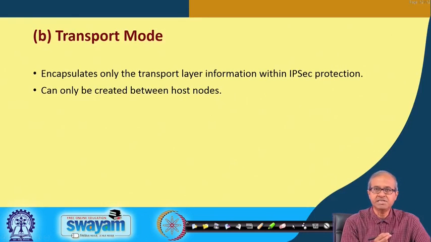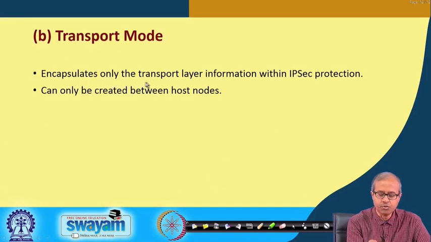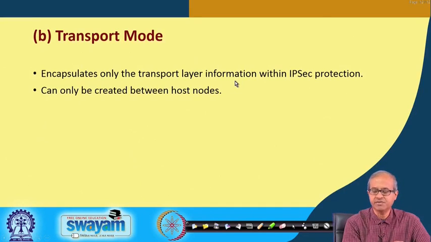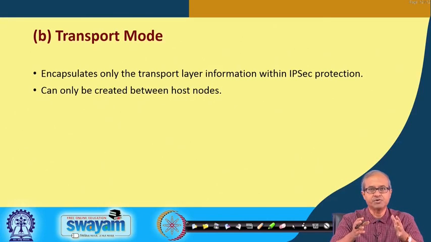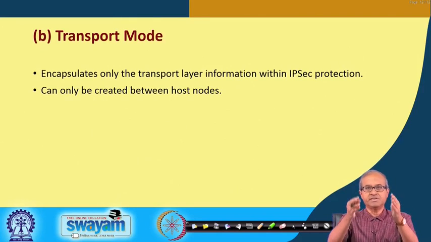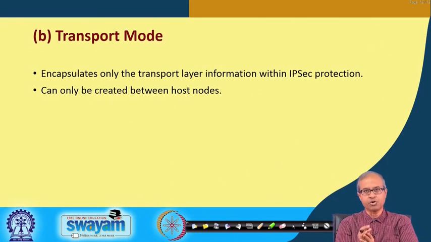The second one is transport mode, where you encapsulate only the transport layer information within IPsec protection. So, whatever is coming from the transport layer, you do not keep the IP header; you take it out. Just imagine a packet flowing down the multiple layers in the protocol stack.